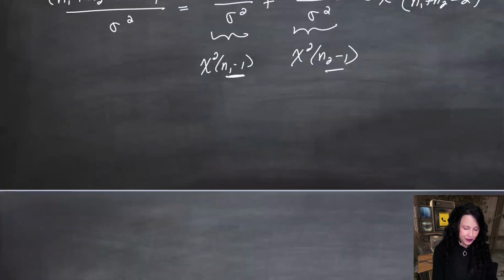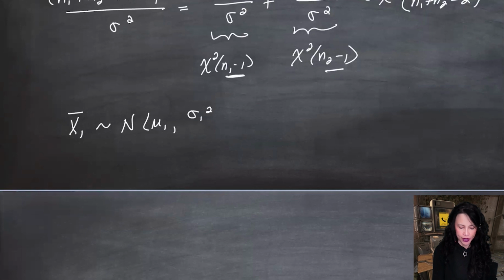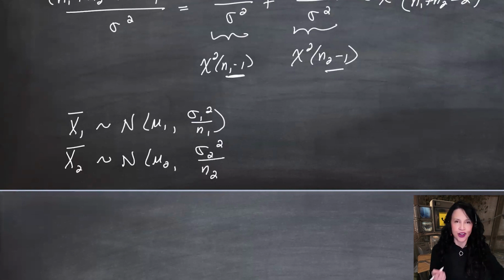Okay, so X1 bar, we do know, is normal with mean mu1 and variance sigma 1 squared over n1. And X2 bar is normal with mean mu2 and variance sigma 2 squared over n2. I guess there's not sigma 1 squared and sigma 2 squared anymore, so let me remove those subscripts.